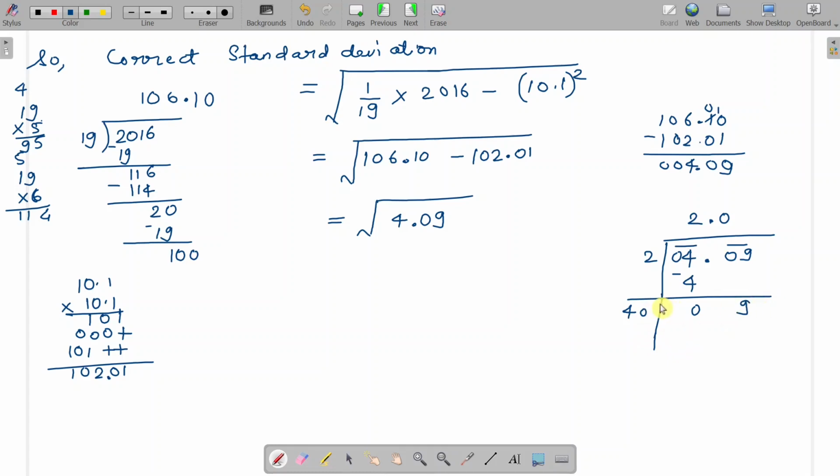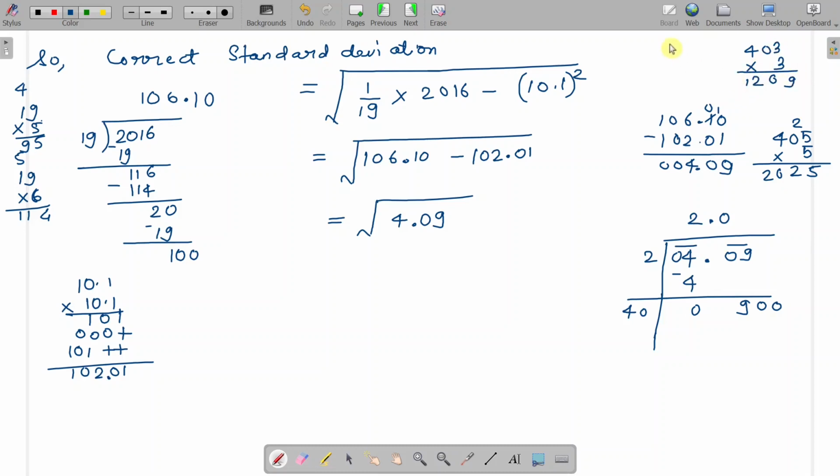So again you have to take 2 more zeros, so 4 0. 5 times 5, let us see, 25. Okay, so let us take 4 0, 3 into 3, 9 0.